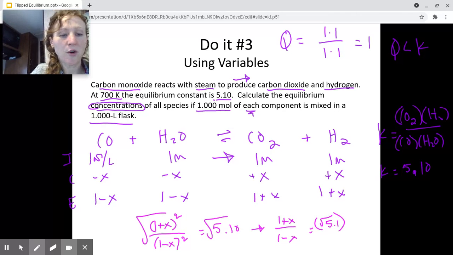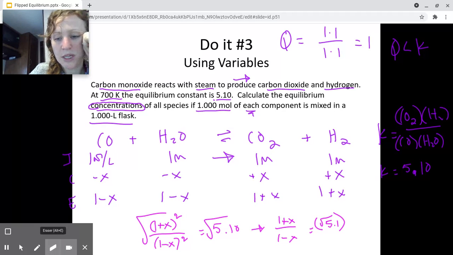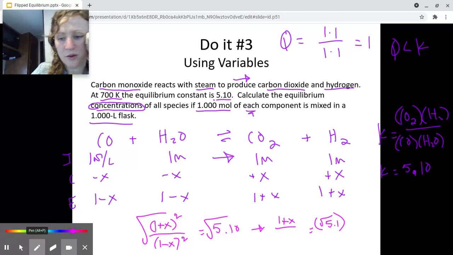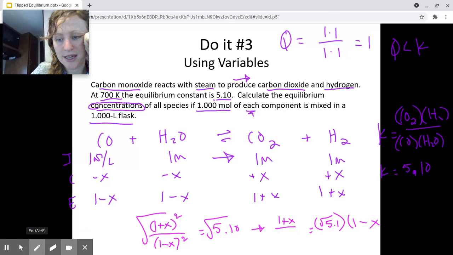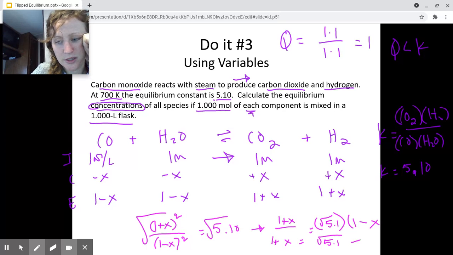Okay, so now I have to solve. So I'm going to take what's on the bottom here and swing it to the top. 1 minus x, so I get 1 plus x equals square root of 5.1 minus the square root of 5.1 x. All right, so let's subtract x from both sides.